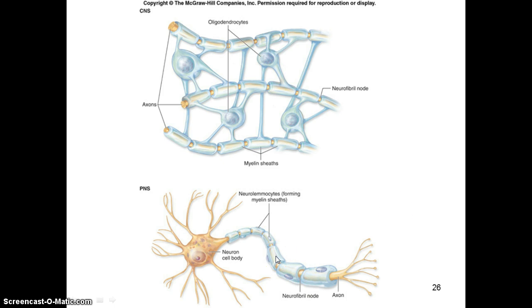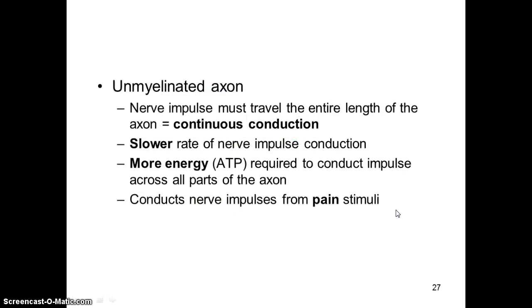In contrast to myelinated axons, if we look at unmyelinated axons, the nerve impulse transmission is referred to as continuous conduction because the impulse has to travel through the entire length of the axon, which is slower because it's not skipping from node to node.